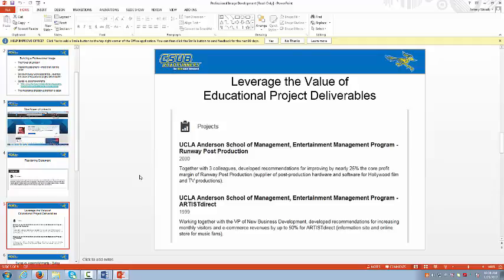Together with 3 colleagues, developed recommendations for improving by nearly 25% the core profit margin of Runway Post-Production. So it's got some numbers in there. Together with 3 colleagues, 25% improvement in the profit margin. It has a description of what Runway was, but it's only one sentence, really. It's a little bit of a run-on sentence.